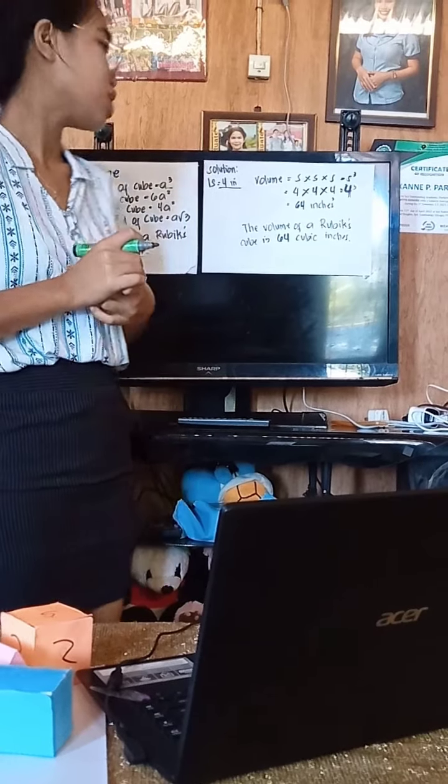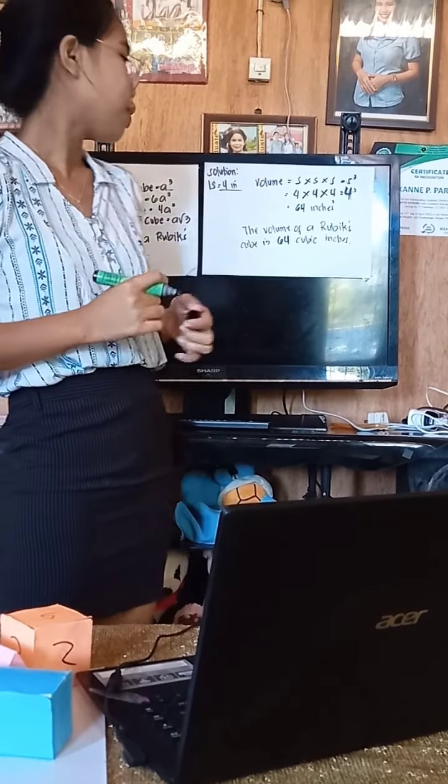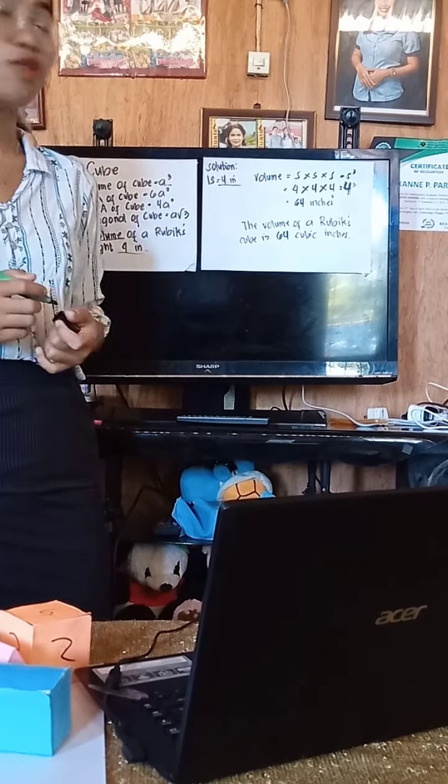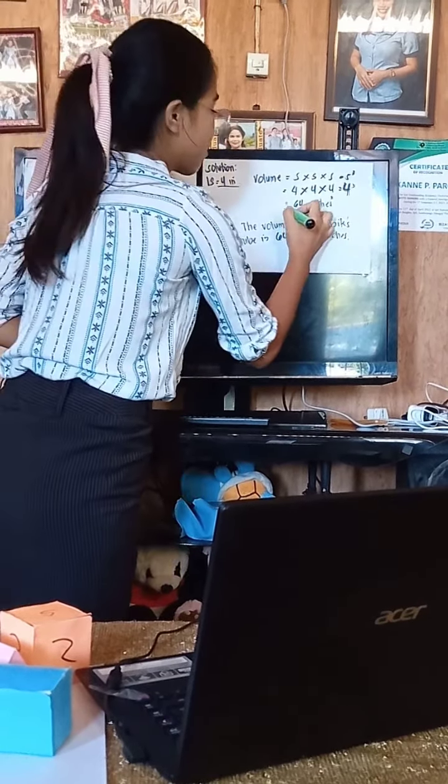Let us substitute the value. 4 times 4 times 4 is equal to 4 raised to the power of 3. When we calculate this, the answer would be 64 cubic inches. So the volume of the Rubik's Cube is 64 cubic inches. So this is the final answer.